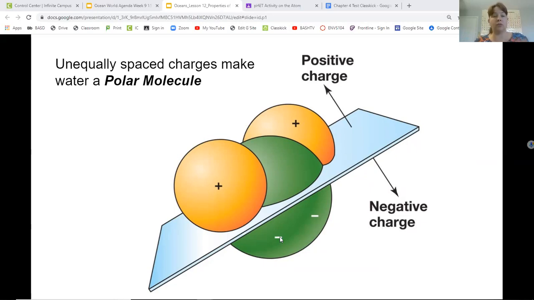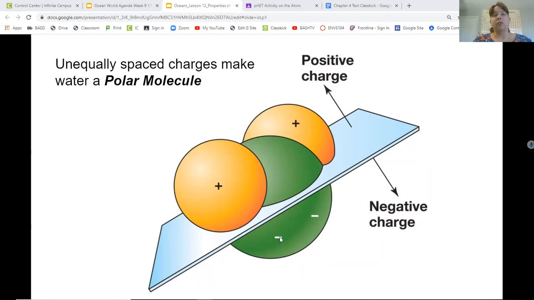So it has two ends or two sides to it, a positive side and a negative side. So what do you really need to know so far from this? You need to know that water is formed by covalent bonds, and you need to know that it is a polar molecule. Okay, polar meaning it has a positive and a negative side, and you need to know that oxygen is the negative side and hydrogen is the positive side.